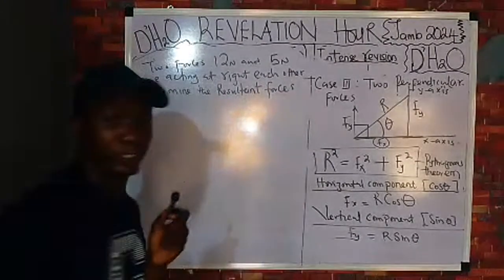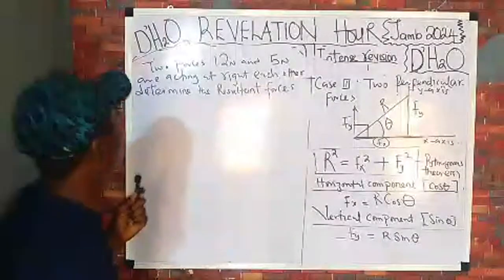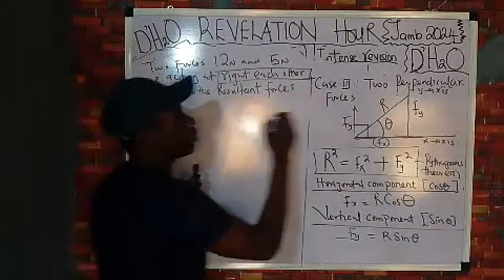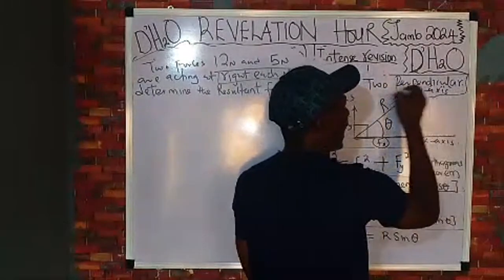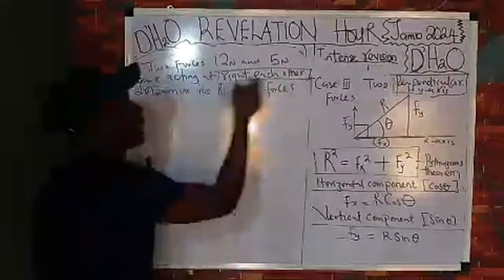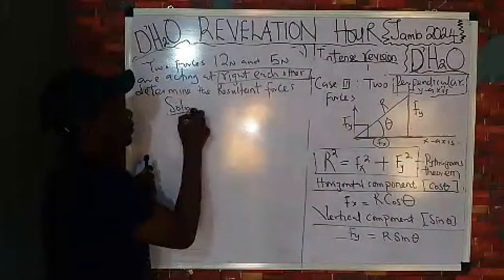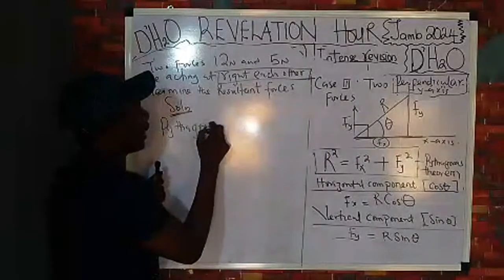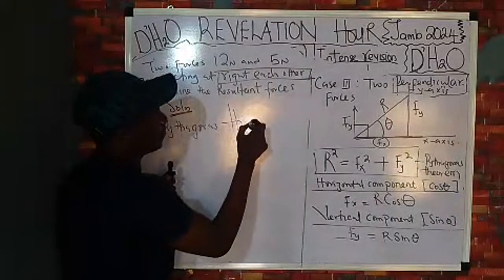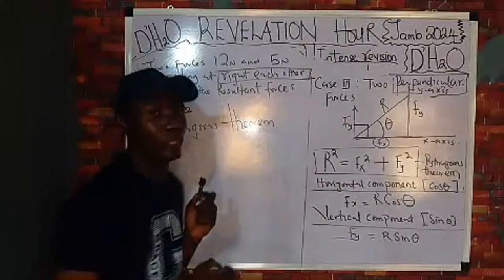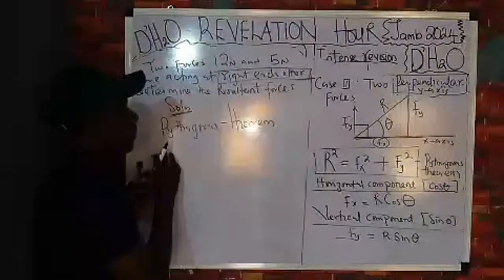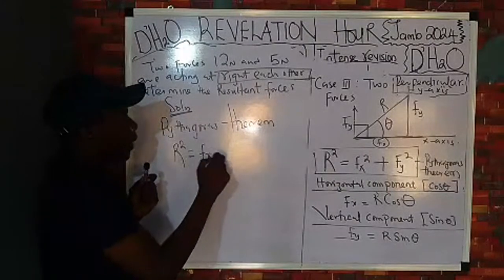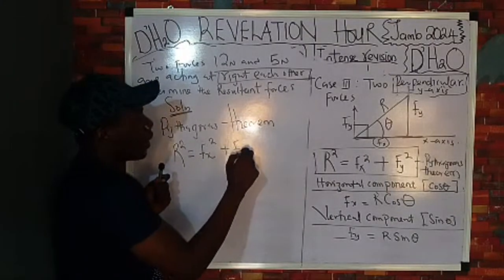Remember, I told you that if they are at right angles to each other, you know right angle is the same thing as perpendicular. Yes. If they are at right angle, you don't need to draw it. Use what we call Pythagoras theorem. As I teach you, write it down. Pythagoras theorem says if you are finding the resultant, you take the square of the x plus the square of the y.